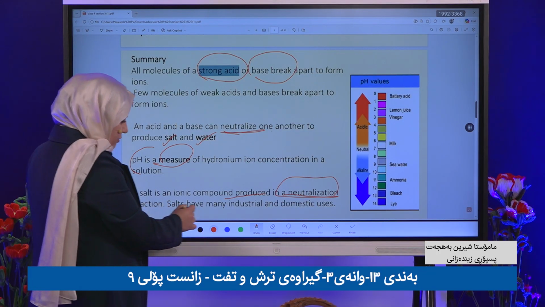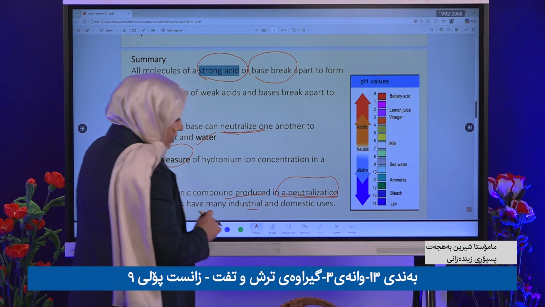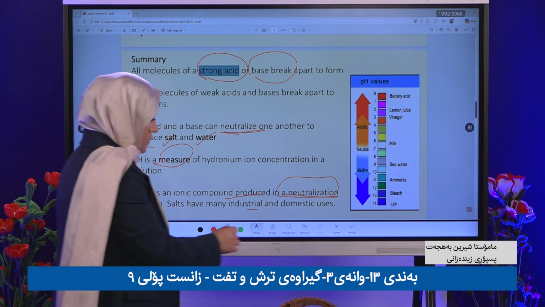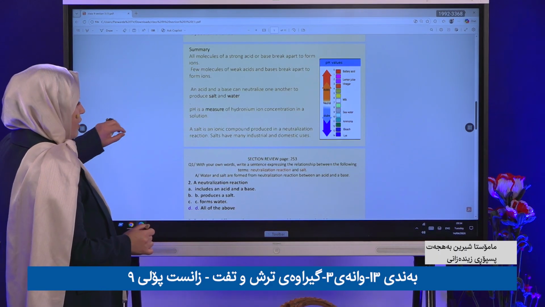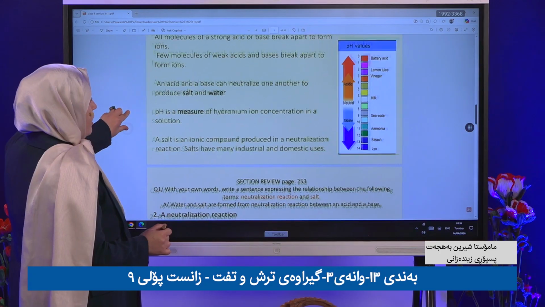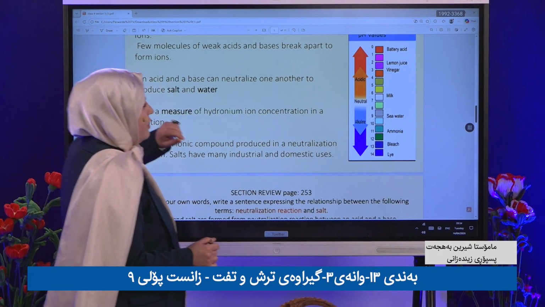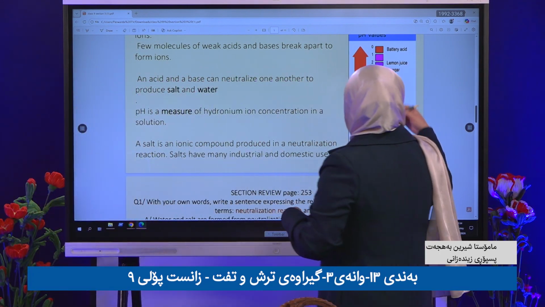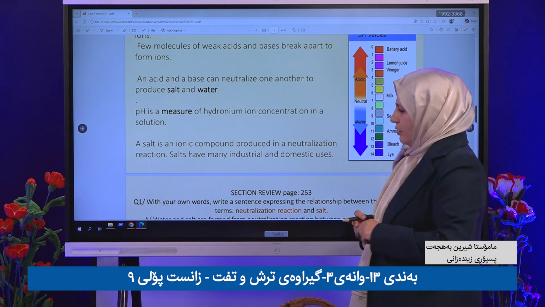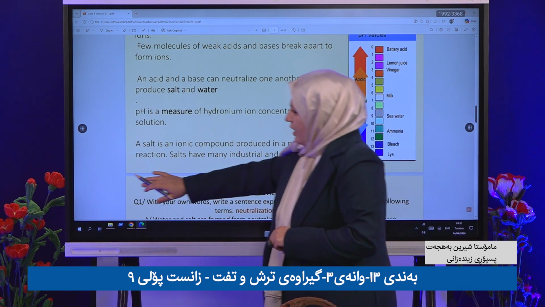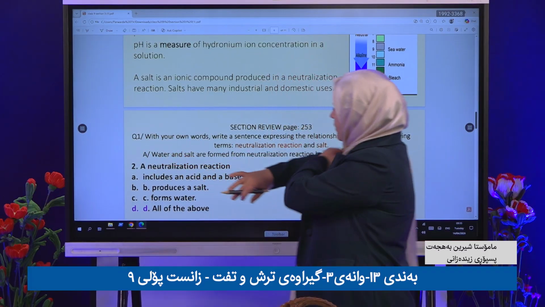And salt has many industrial and domestic uses. Clear? Perfect. And we talked about the pH value, and each color gives numbers and tells us if it is a strong acid or base. Let's go to the section review.